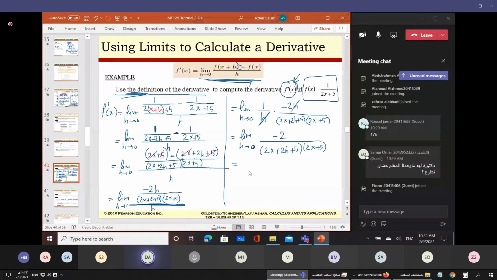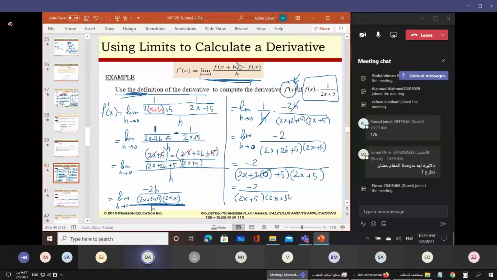Now I will take the limit: minus 2 divided by 2x plus 2, instead of h, I will take 0 when I take the limit, plus 5, all multiplied by 2x plus 5. Okay, now after this is multiplied by 0, it will be deleted. So minus 2 in the top and 2x plus 5 multiplied by 2x plus 5.